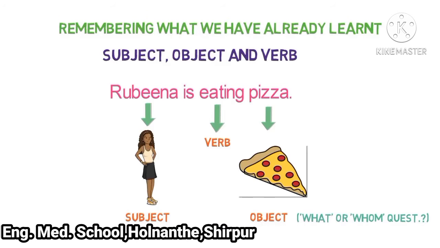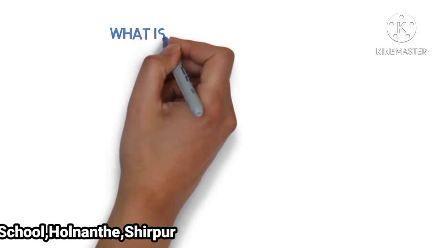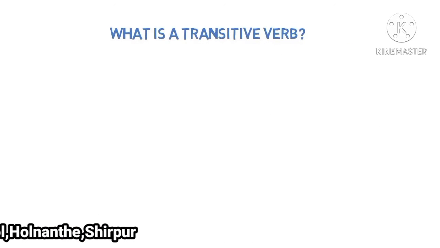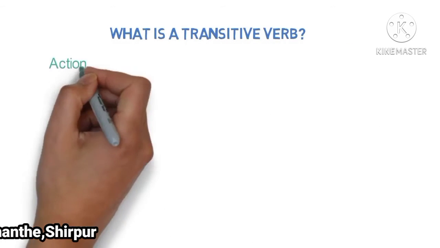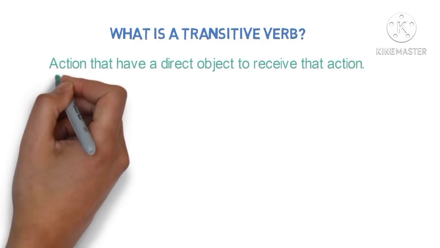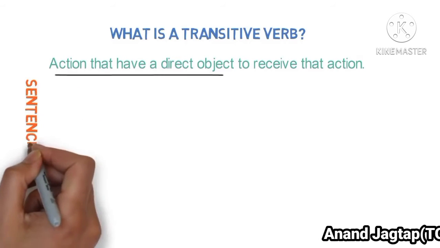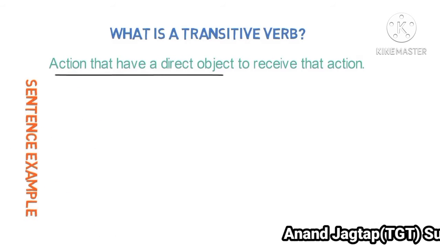So let us see today's main topic, that is transitive and intransitive verb. First we will see what is a transitive verb. An action that has a direct object to receive that action. Now see with the help of an example.